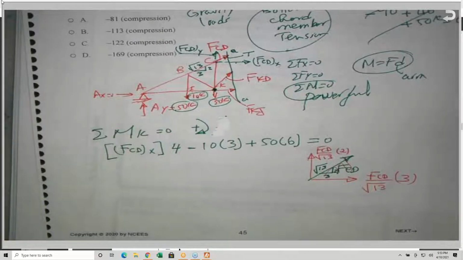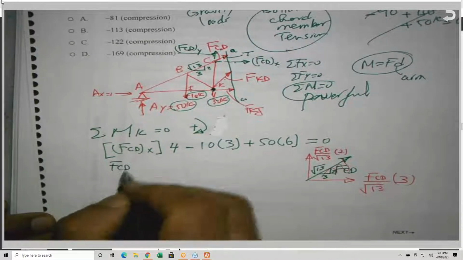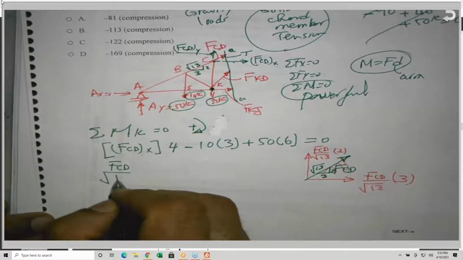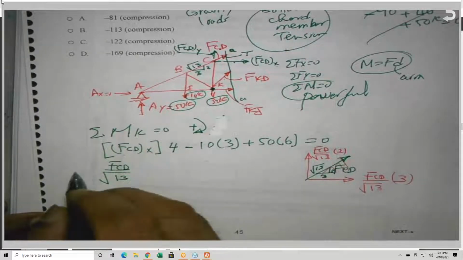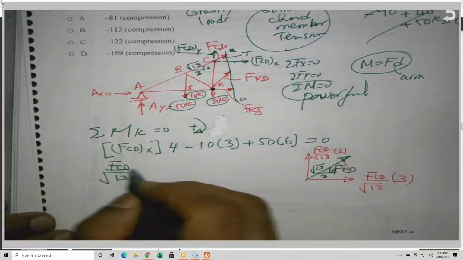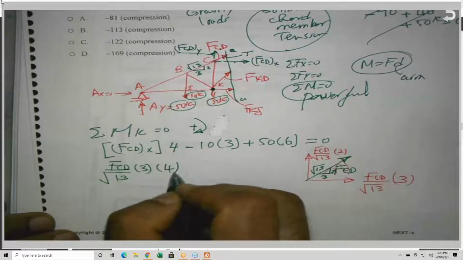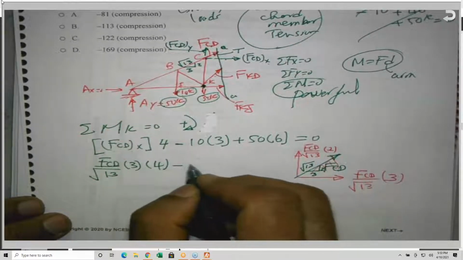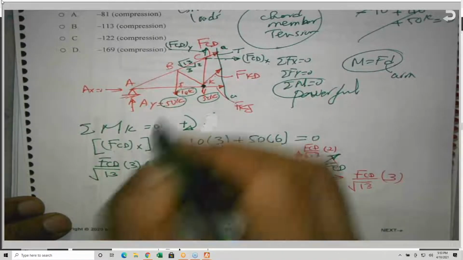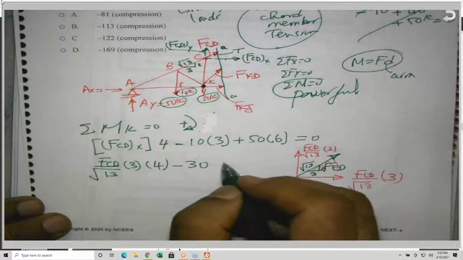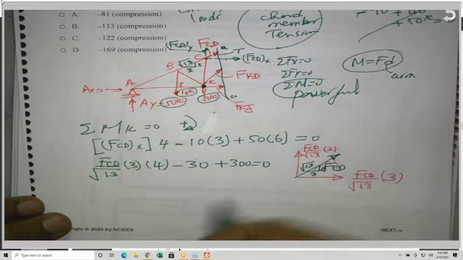So right now I have FCDX is FCD divided by the square root of 13 times 3, because I'm looking for the horizontal component, and the moment arm, which is times 4, minus 30, which is 10 times 3, plus 300 equals 0.